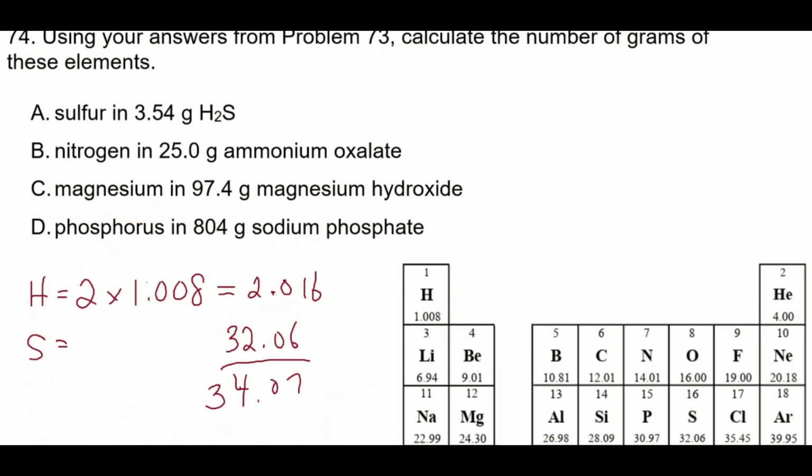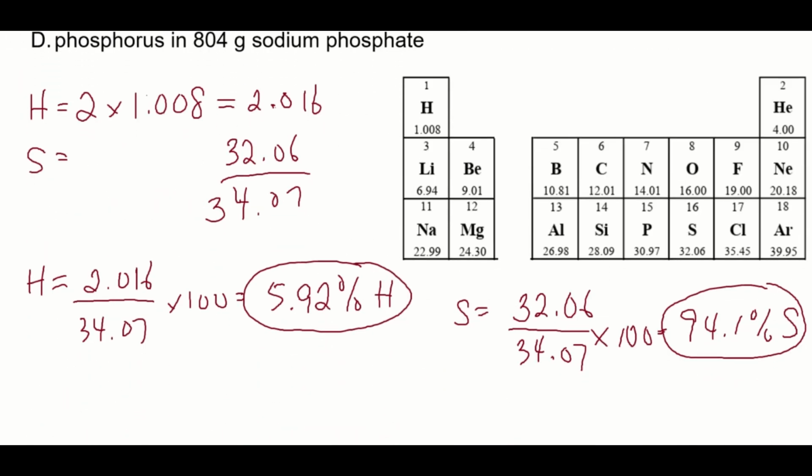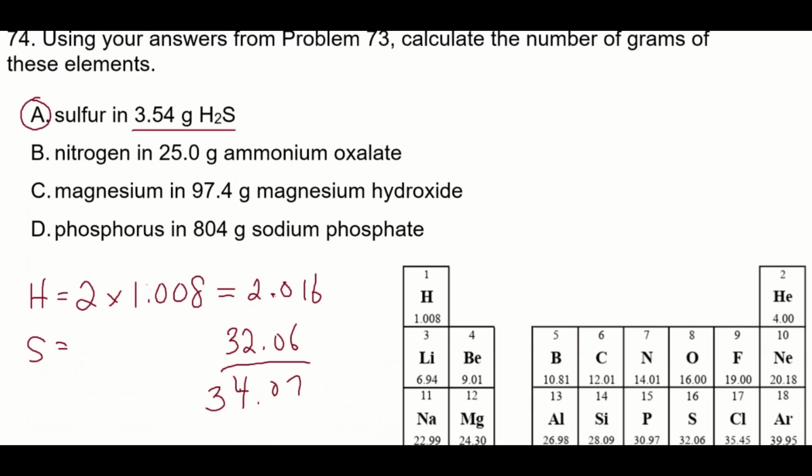All right, so now let's go right on to 74 while we're at this, and answer what's the mass of sulfur in 3.54 grams of hydrogen sulfide. So we know sulfur makes up 94.1% by mass. So we're just going to apply that to the mass of the compound.